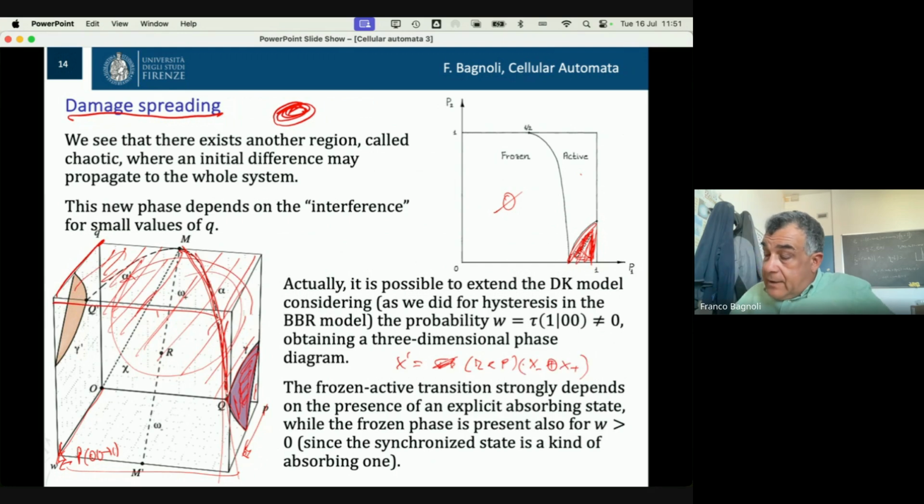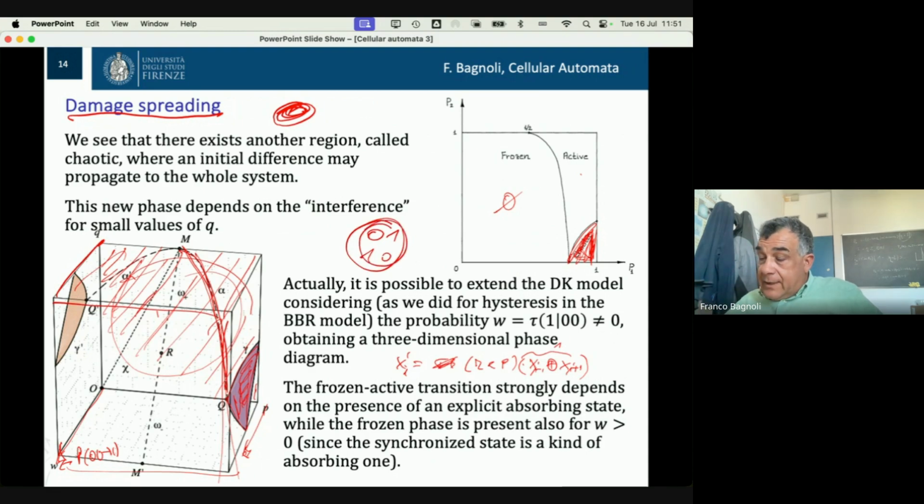So this is a site, the spin at site i. This is i minus 1, and this is i plus 1. They are in the configuration 0, 1, and 1, 0. For instance, a way of identifying these two is to take the XOR, the sum modulo 2 of the two spins, and this is 1 only in these two configurations.